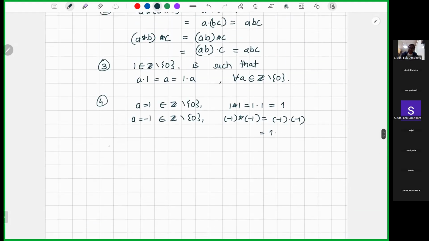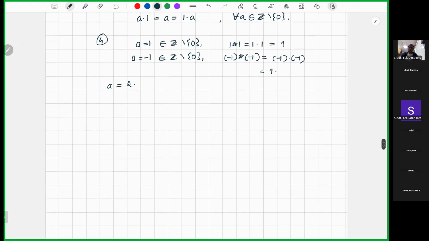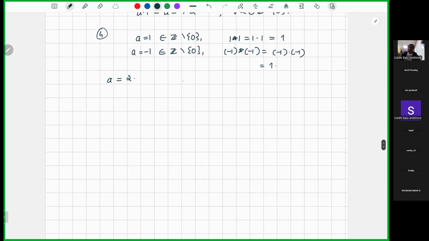But if I take anything else, for example A to be 2, then 2 does not have an inverse. For A equal to 2, there does not exist any B in Z minus 0 such that 2 into B is 1. The easiest way to understand this is that 2 into B will be an even integer, whereas on the right-hand side we have 1, which is odd.